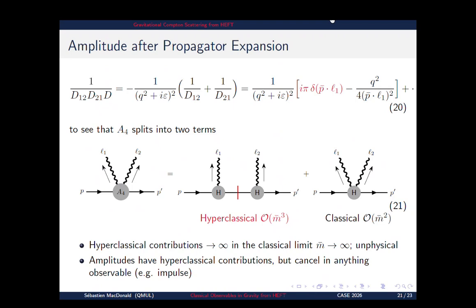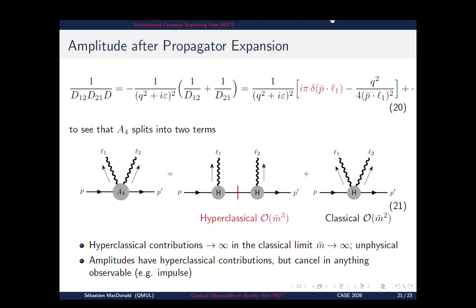This is called hyperclassical. However, our classical observables should be finite. For example, think of the scattering angle, it should be a finite thing. While it's okay for our amplitudes to have hyperclassical contributions, in anything observable, they should cancel.